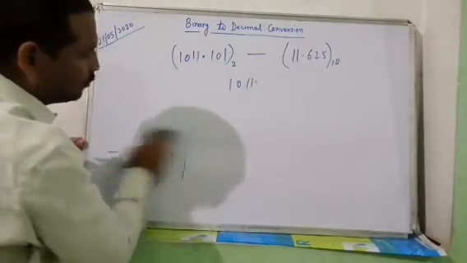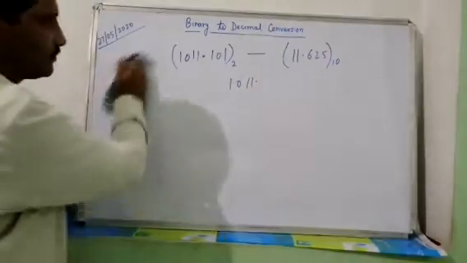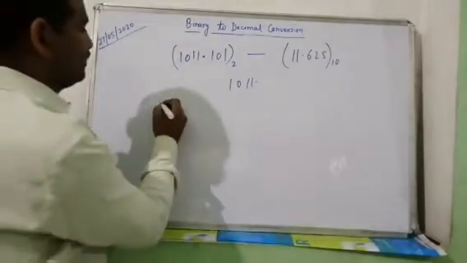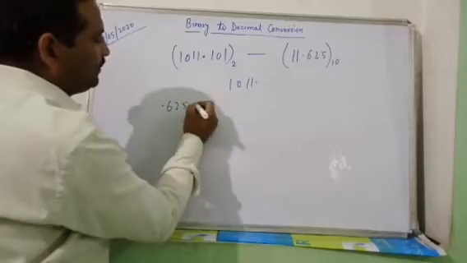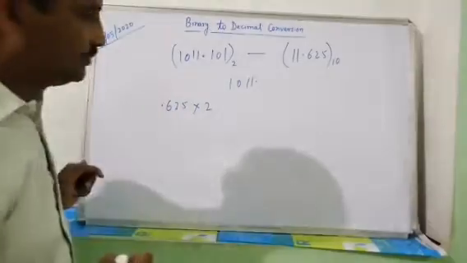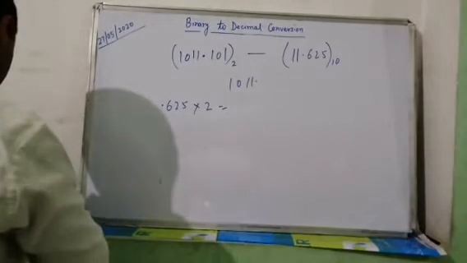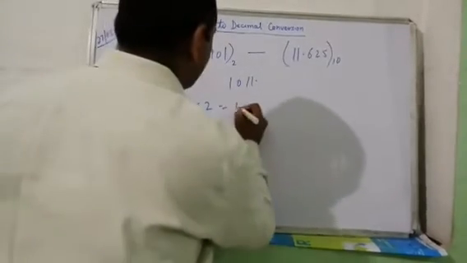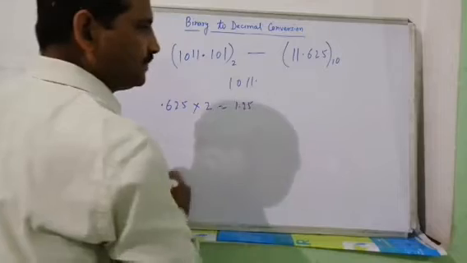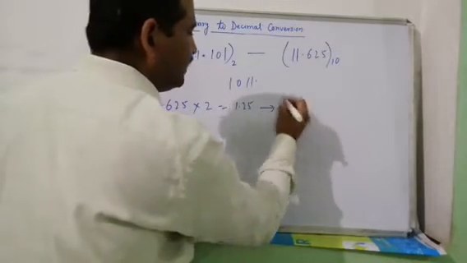Now what steps I have put for the decimal part? 0.625 into 2 will be 1.25. The integer part we have to write this side.